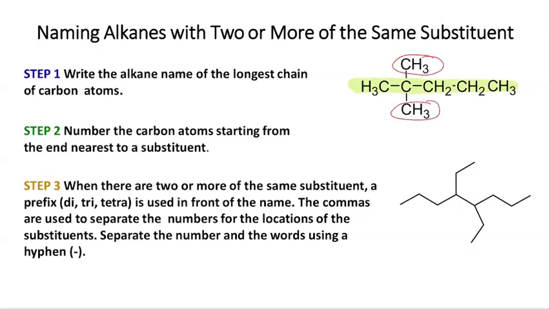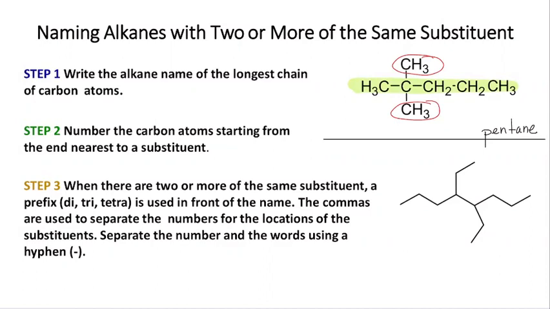So the last word in my naming is going to be the name of that longest continuous chain, and we're dealing with an alkane. So what is the word that I'm going to use for this parent chain of 5 carbons? Thank you, Gia. Pentane. 5 carbons, pentane.